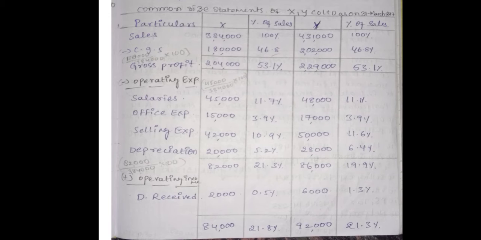So how do we calculate the percentage of sales? 45,000 divided by 3,84,000 into 100 is 11.7. Then 15,000 divided by 3,84,000 into 100.